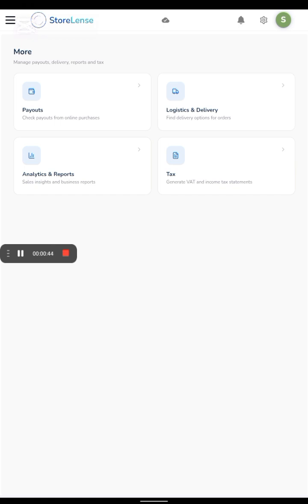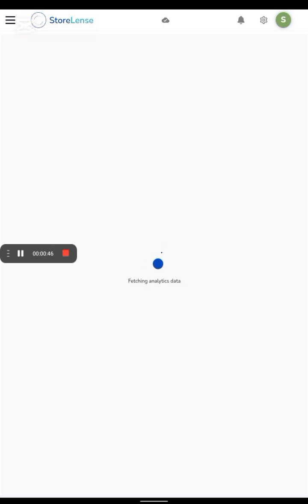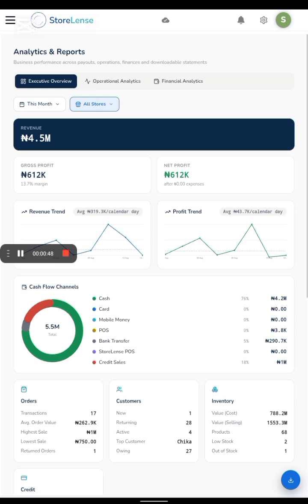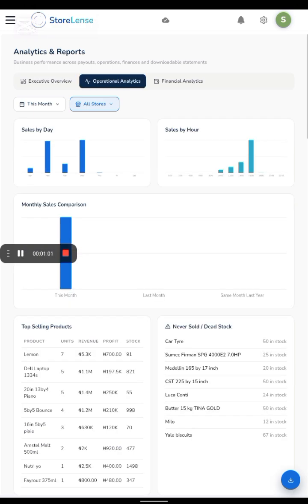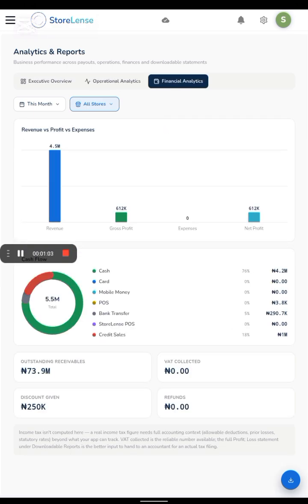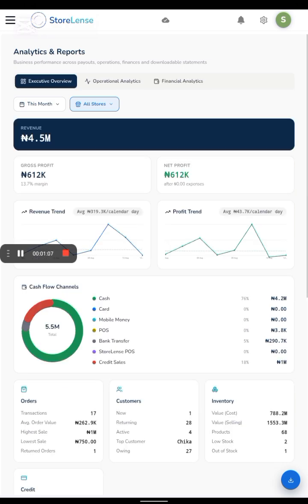You have to click on analytics and reports, and it will bring out all the analytics and an overview of your business within the period of time you selected. Here we have the executive overview, the operational analytics, and the financial analytics. We will start with the executive overview.